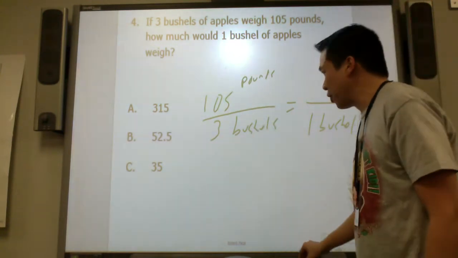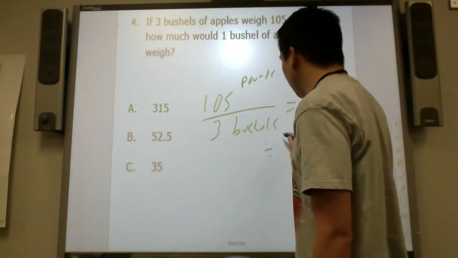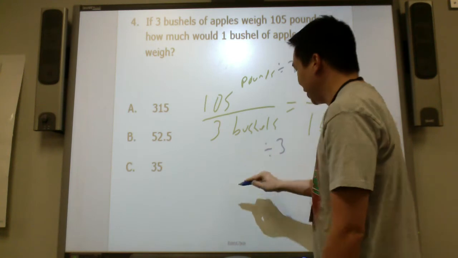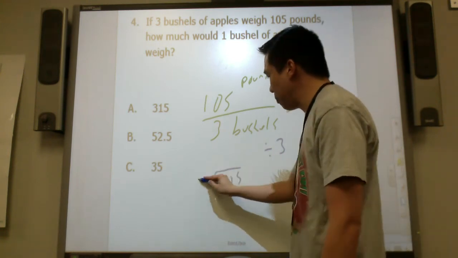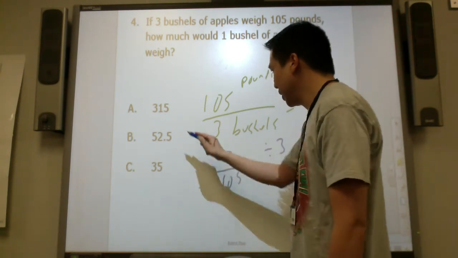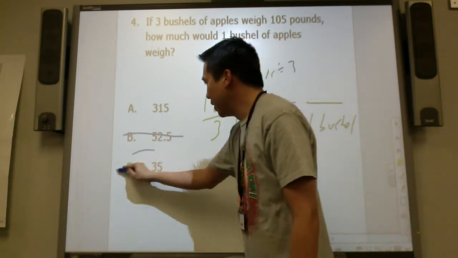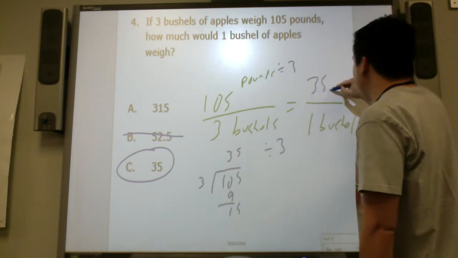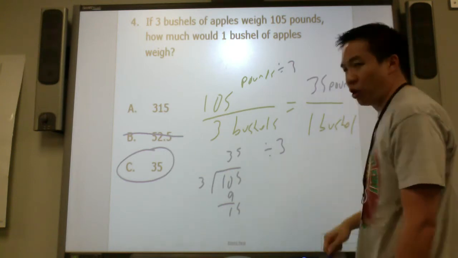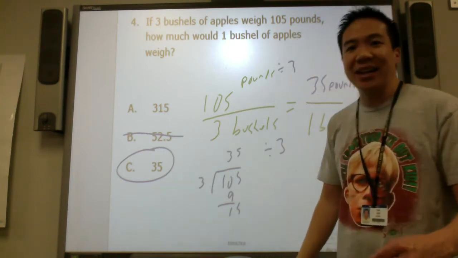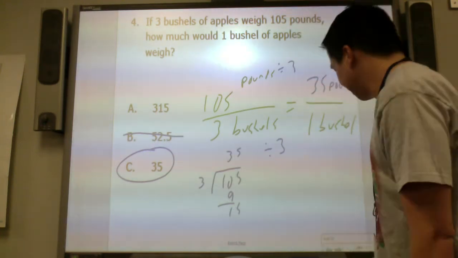How do you break it down from 3 bushels to 1 bushel? You divide by 3. So 105 divided by 3 is 35. So there are 35 pounds per bushel. That's how to break it down by unit rate.